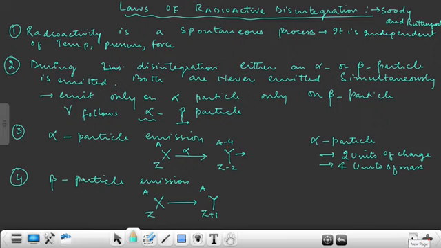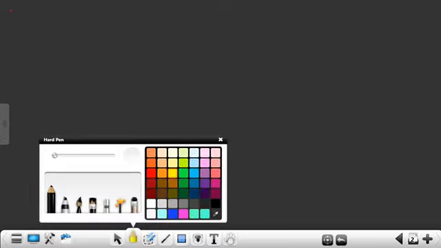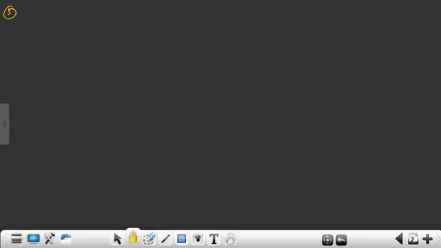Now the fifth law is the most important law. Let's come to law number 5. This is what we call the radioactive law or radioactive decay law. This is very important. We just simply call this the decay law.